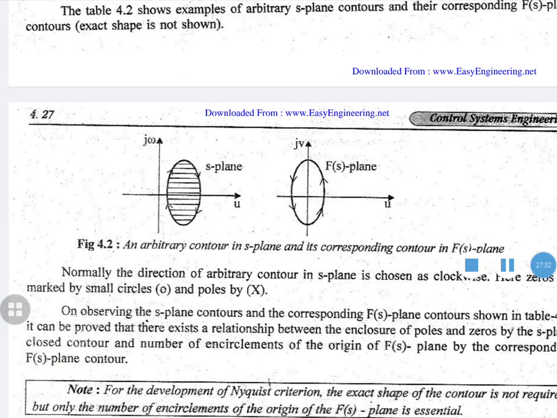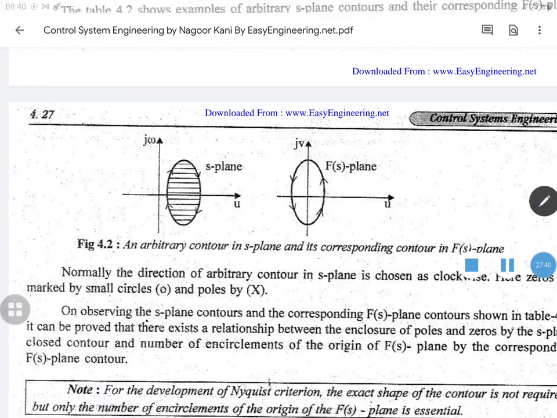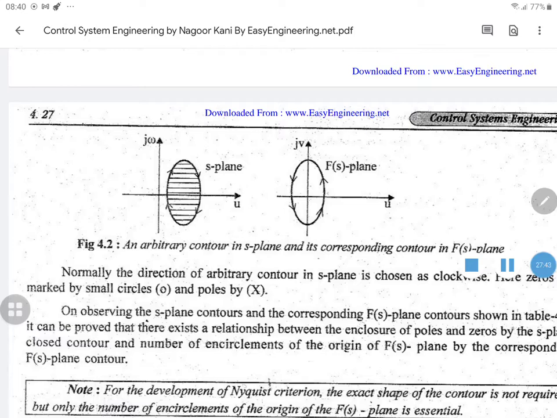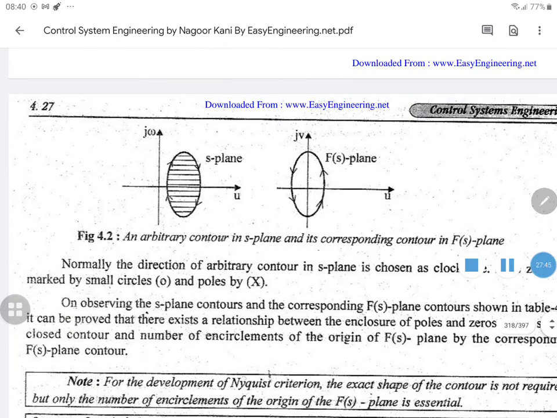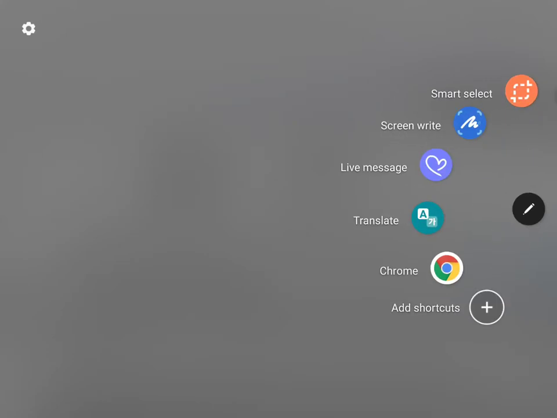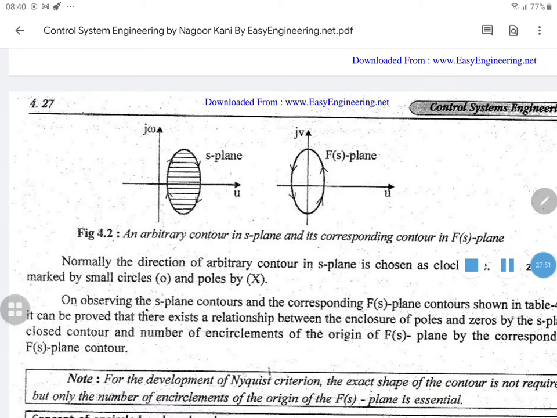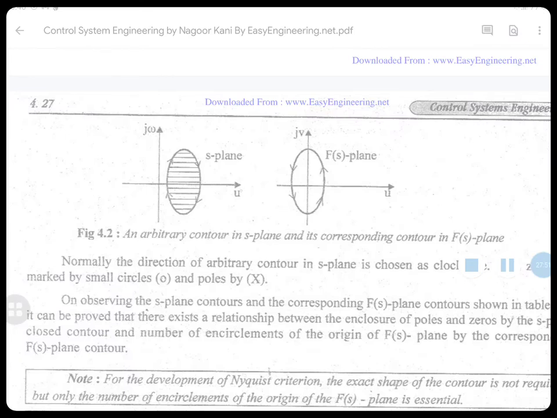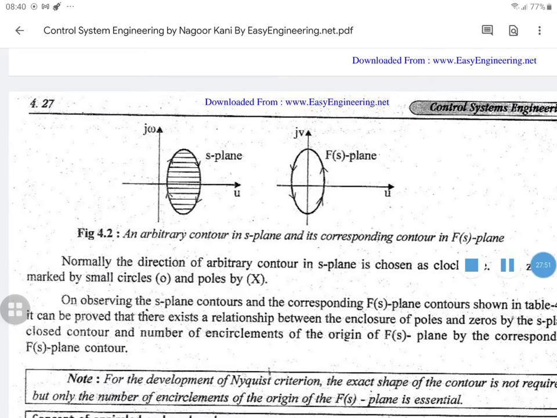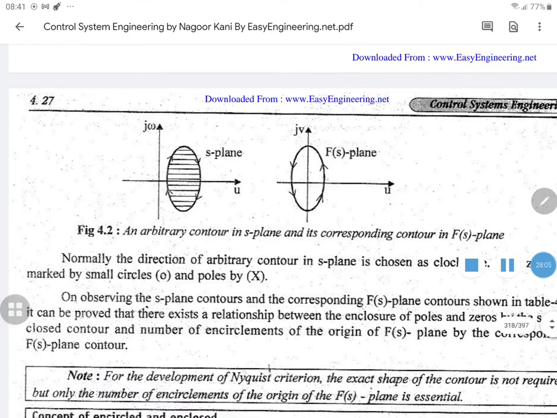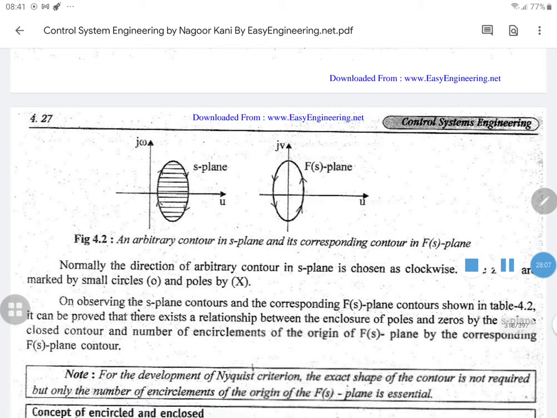So what we plot is j omega and sigma. This is not u, this is sigma actually. Okay, so I couldn't write on the screen.